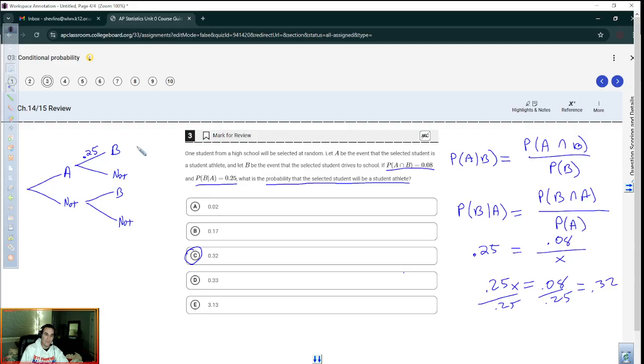Well, that's the answer you get if you calculate that top branch. If you calculate this times this, it will be the 0.08. So they didn't give you the probability that you're a student athlete. Notice it's the same formula here. You do this times this, you will get that. Basically what we did there. So 0.08 divided by 0.25 will give you the X. So there's a way to do it on the tree. You didn't need the whole tree, so that's why I used the formula, but you could use the whole tree if you wanted to and just focus on that top branch and you don't care about the rest of it.